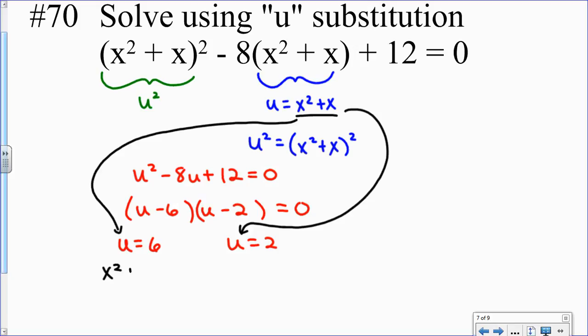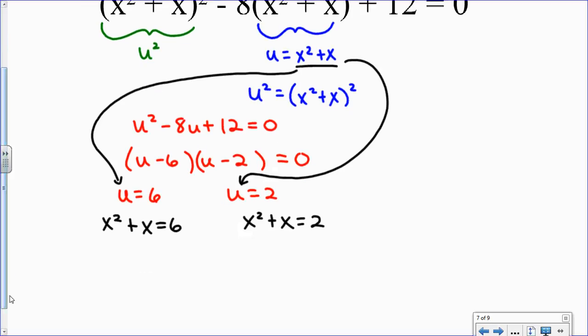So x squared plus x equals 6. x squared plus x equals 2. So how do you solve this? What should you do? Subtract 6, so it's equal to 0, and it's because it's a quadratic.